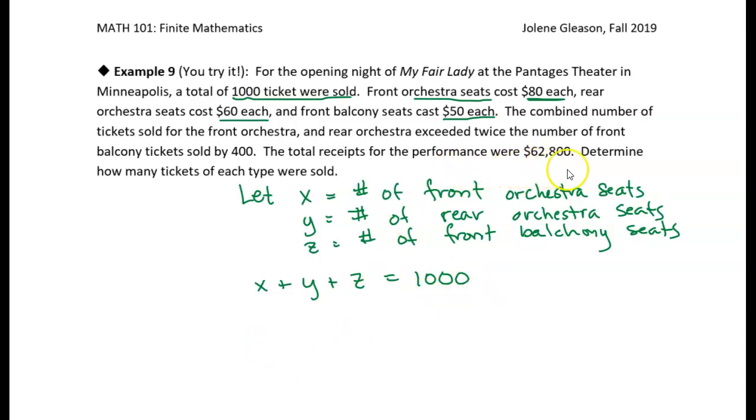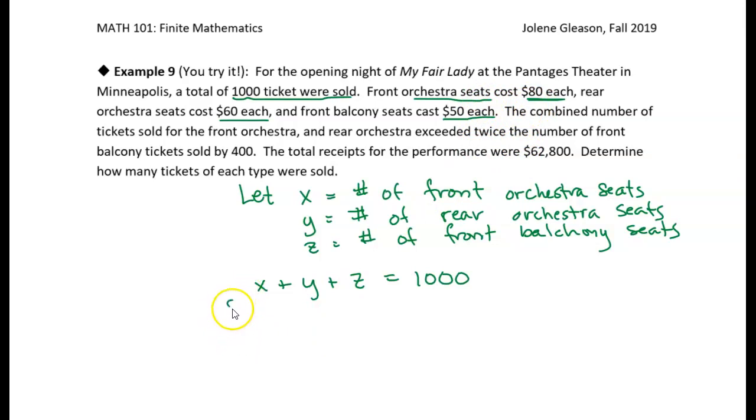Now, the other one that's probably easier to figure out is the total receipts. All right. And I know how much each type of seat costs, so I can just take the cost of the seat times the number of seats, and I'll get the total revenue from that type of seat.